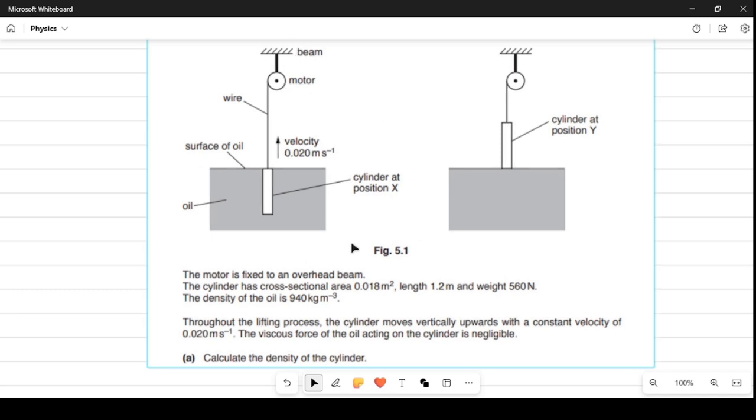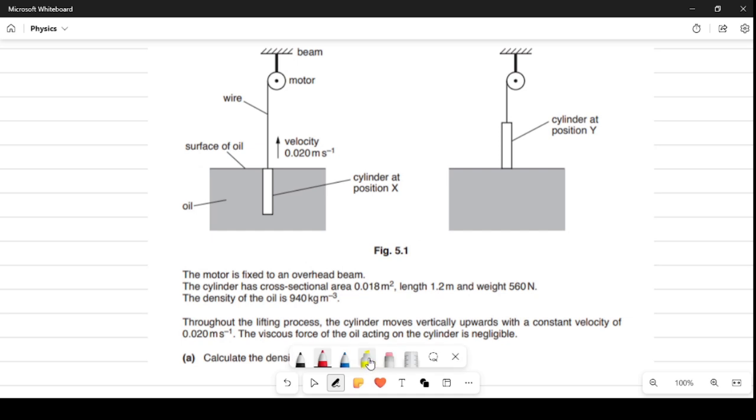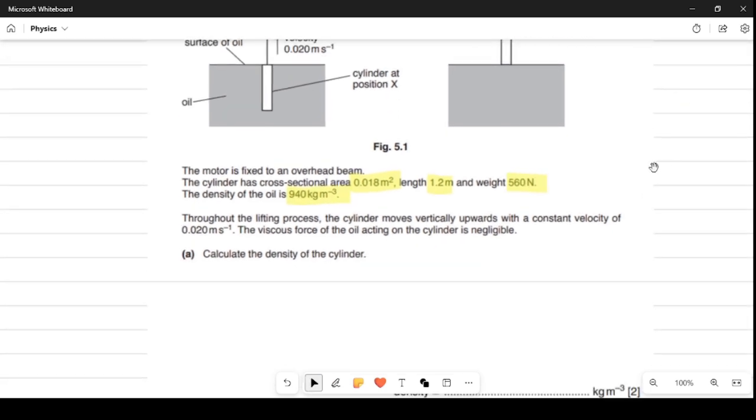This is your beam. The cylinder has cross-sectional area of 0.018, length 1.2, weight 560, and density of oil is 940 kg per meter cube. Throughout the lifting process, the cylinder moves vertically upwards with a constant velocity of 0.02. Okay, the viscous force of the oil acting on the cylinder is negligible.